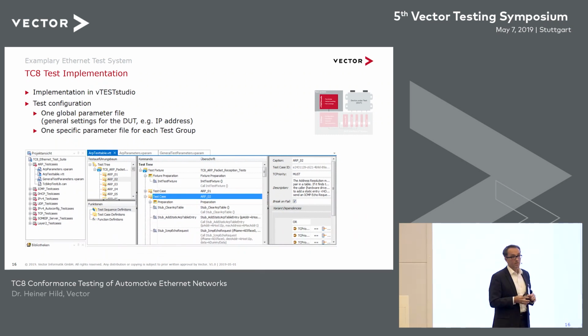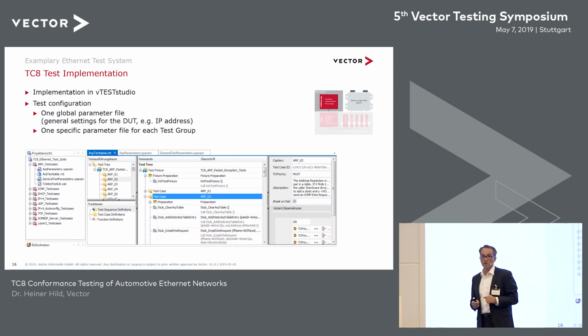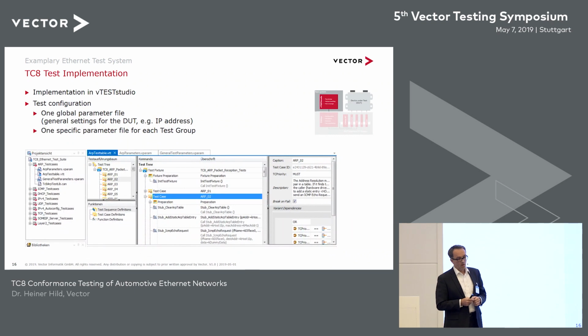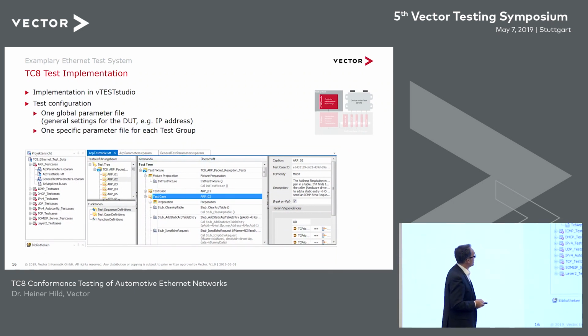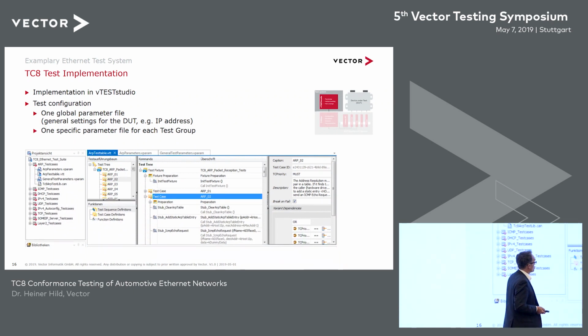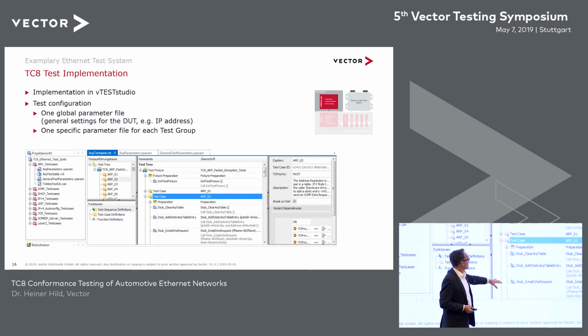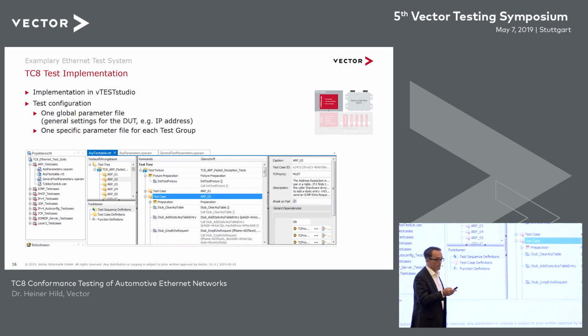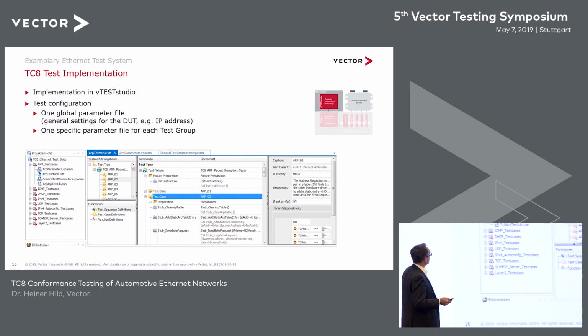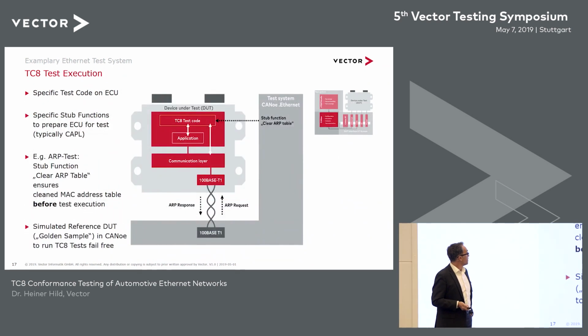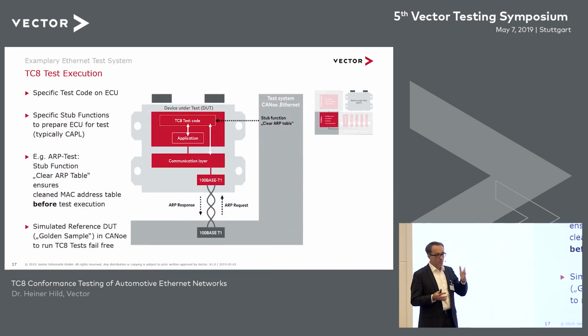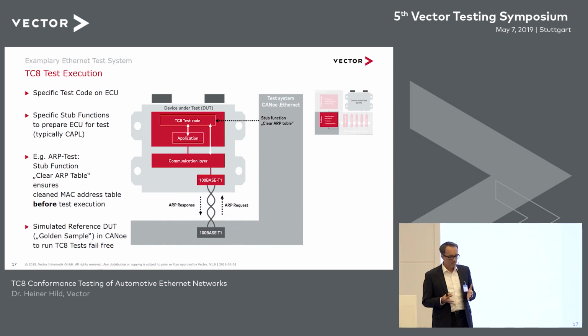So there's basically one global parameter file which we have to adapt for the test specimen, and then per test group there's one parameter file with which you have to make specific settings, but that was then already it in terms of configuration. The rest is delivered already by the package, and those who are already using Studio, those who have come to know it today, you can expect that the tests are mapped in individual cases as contained in the spec. So they are then carried out by CANoe. CANoe takes over the test execution.